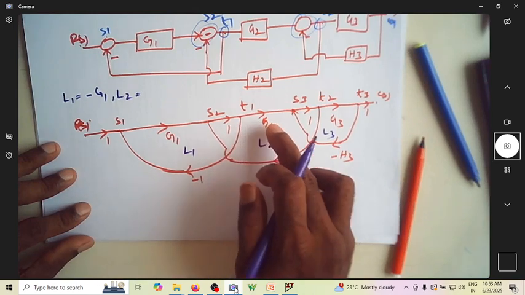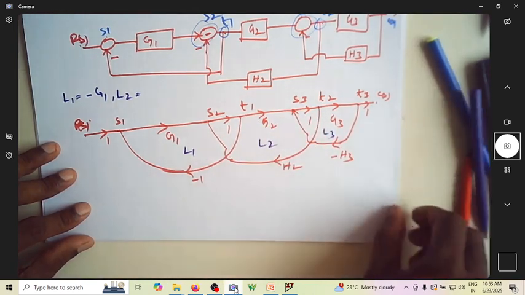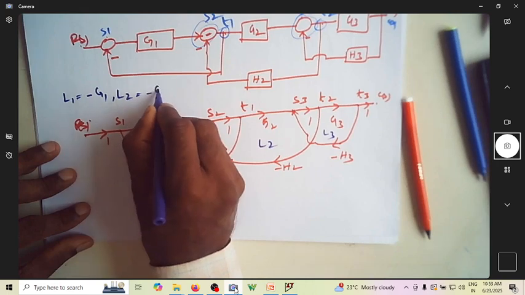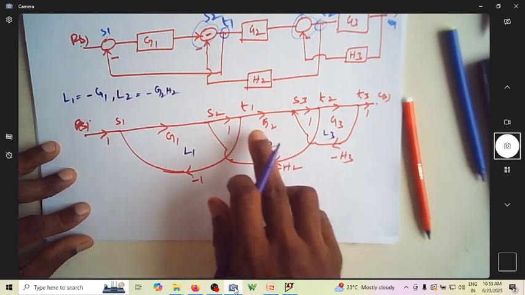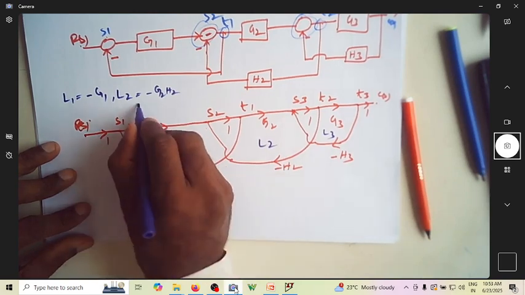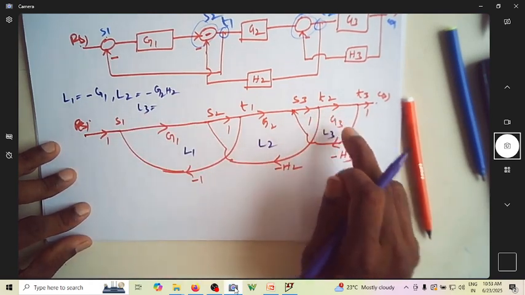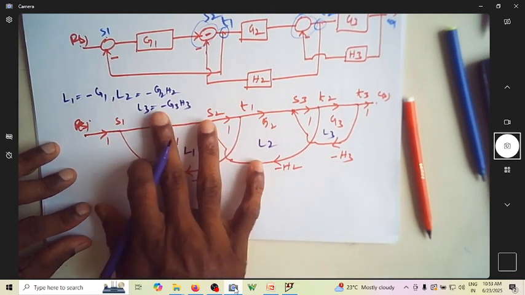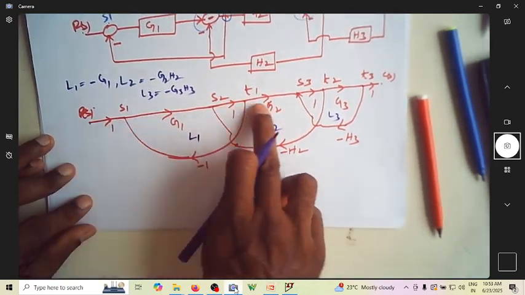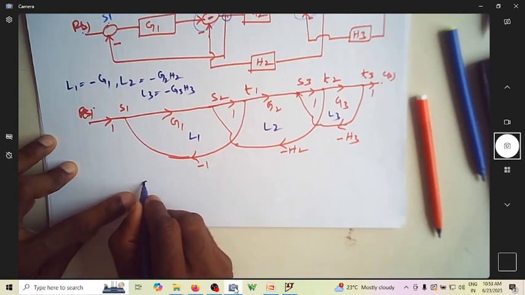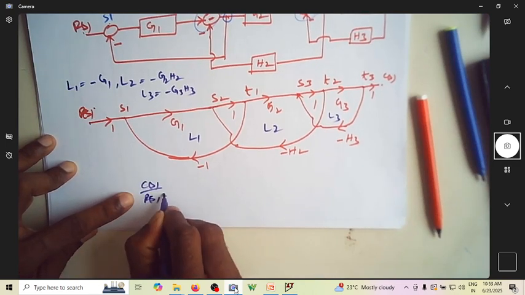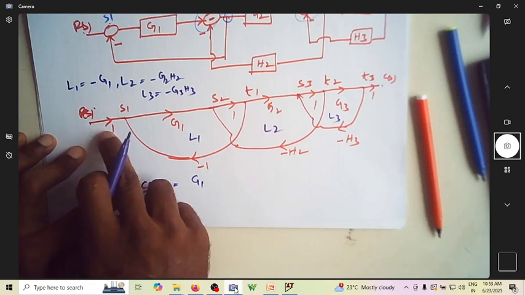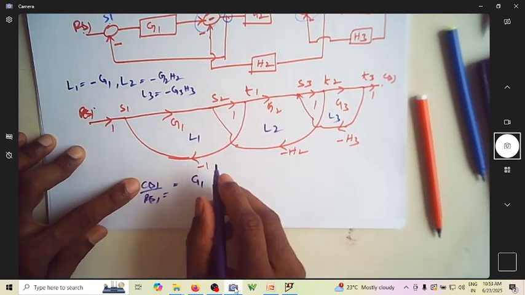L2 is G2 into 1 into minus H2, so minus G2H2. And L3 is G3 into minus H3, is it not minus G3H3? It is so simple. We have only one forward path here, so that is what C(s) by R(s) is. It is 1 into G1 into this. Can you say it is G1 G2 G3?